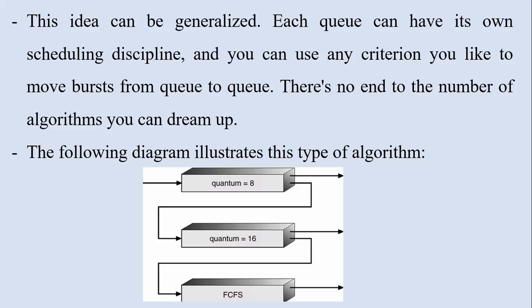The following diagram illustrates this type of algorithm. So from this diagram, my dear students and the rest of the learners, you can see that you can have processes that have a quantum of 8. They will be attended to, and then below it, you have those with a quantum of 16.